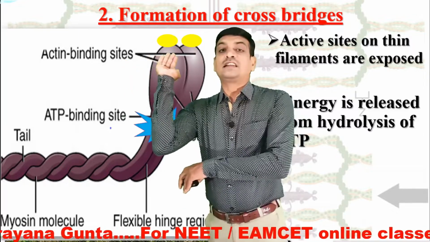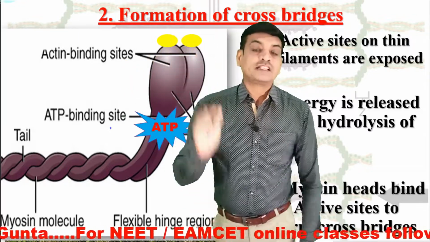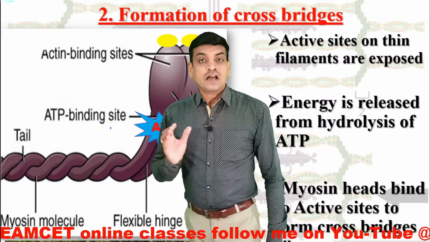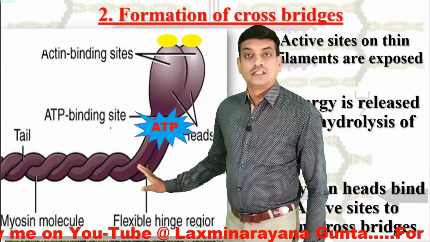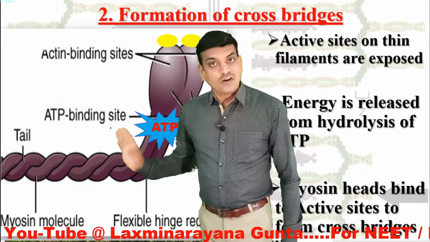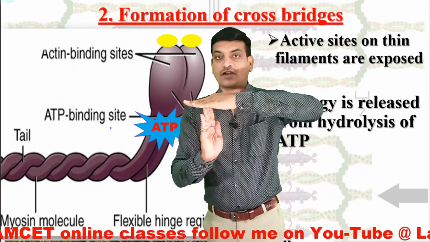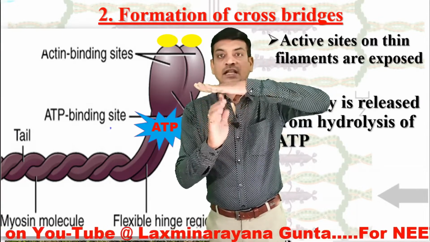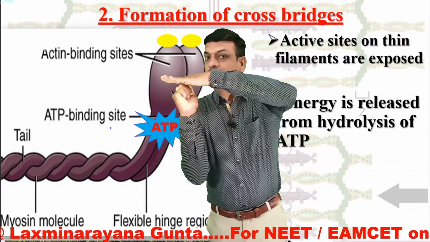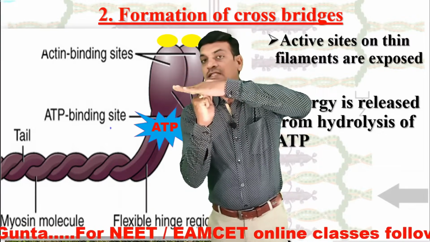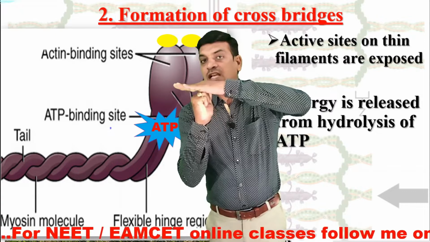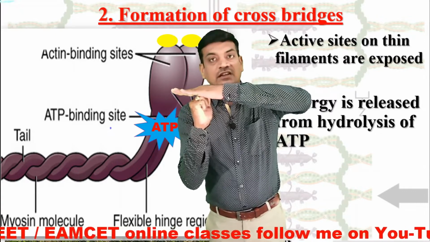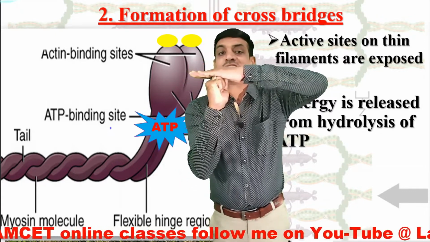With this mechanical energy, they come and attach with the active sites on the actin filament. This is the formation of cross bridges. The cross bridges are formed like this. This one is the active site on actin filament. This one is the myosin head, and these myosin heads come and attach with the active sites on the actin filament, which is called a cross bridge.